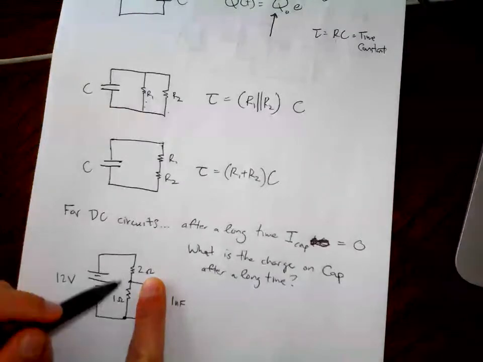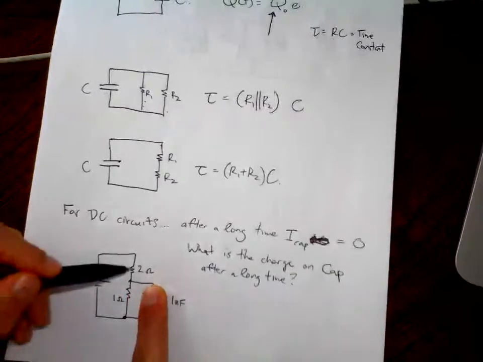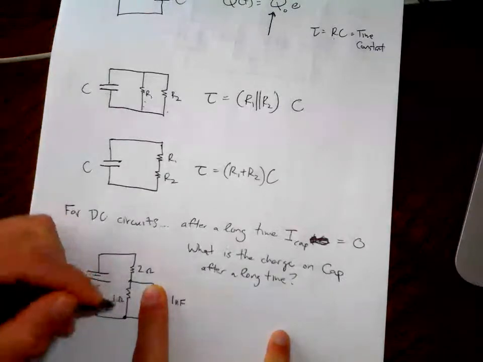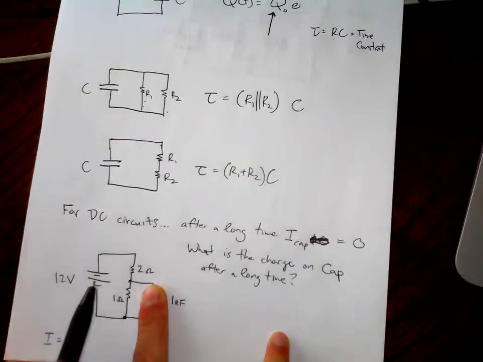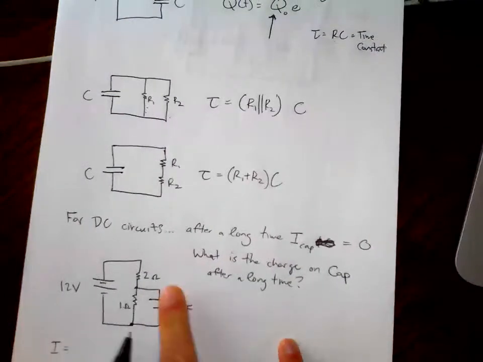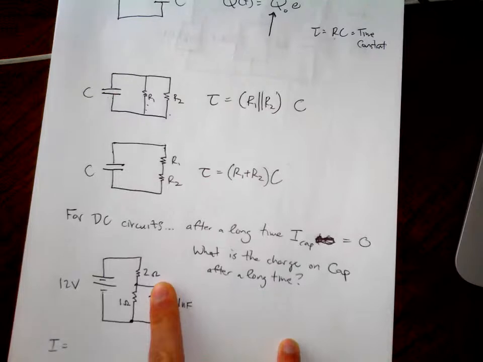With a 2 ohm resistor and a 1 ohm resistor, that's a total resistance of 3. Now that doesn't mean that the current through everything is zero, because the current through the capacitor is zero, but the current will keep flowing through this part of the circuit after a long time.